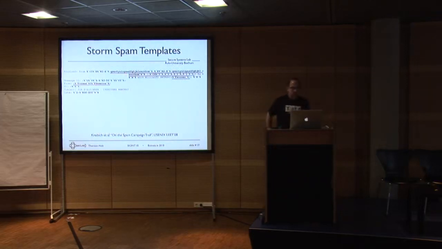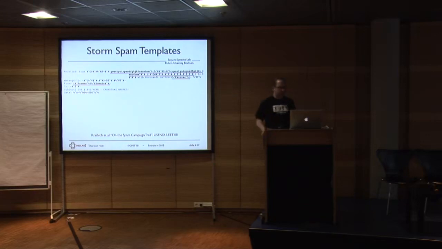And the third aspect I'll talk about is the spam templates. What typical botnets do nowadays is template-based spamming, which means that the bot receives a template which specifies how the spam mail that should be sent out should look. For example, here we see that a received header is specified. Then we see that the from field contains some kind of variable. The to field also has some kind of template in there.